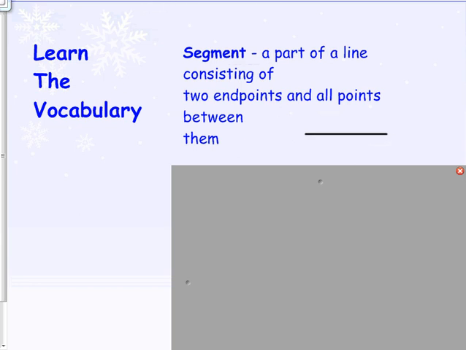And the reason it is classified as a segment is because that's a point, and that's a point. Alright, so when you have 2 points with a line in between, it's considered a segment.